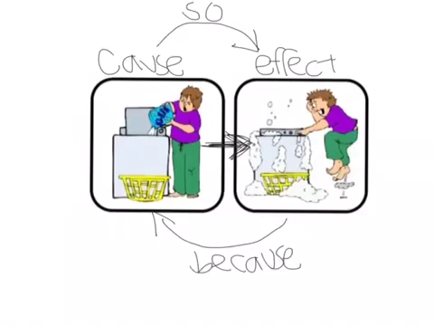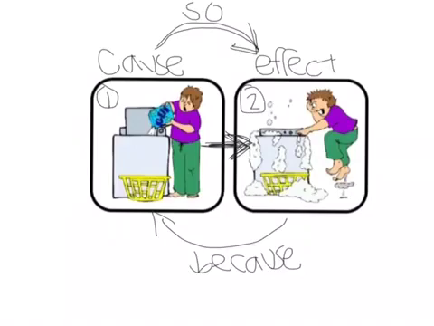So it looks like in this first box here, the person looks really sleepy. He's pouring in a whole bunch of laundry detergent. So the effect is, uh-oh, the soap suds are coming all out of the washer like that, okay? Or you can start your sentence by reading box number 2 first.